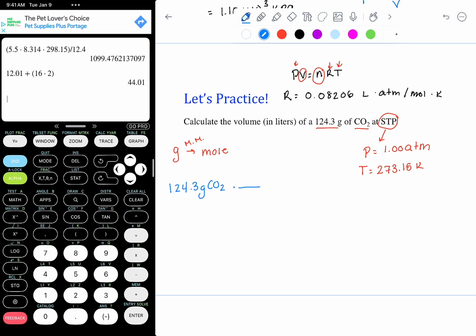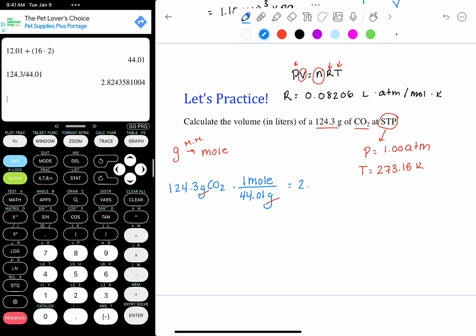So we'll divide by that value in order to have grams cancel and be left with moles of CO2. So we'll take 124.3, divide by 44.01, and we get 2.8244 moles of CO2. So now we have moles, we have P and we have T, and we can now solve for V.